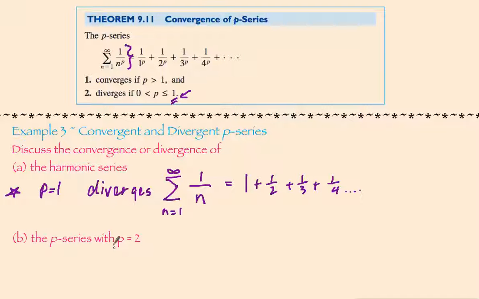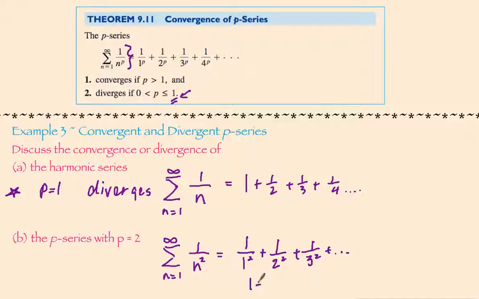Now let's look at a p-series with p equal to 2, just to see what that looks like. It would be n equals 1 to infinity of 1 over n squared. So as n is changing, that's going to be 1 over 1 squared, which is 1, plus 1 over 2 squared, plus 1 over 3 squared, etc. And that, of course, is 1 plus 1/4 plus 1/9.